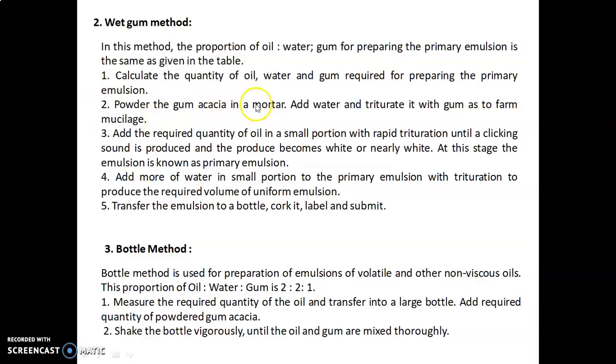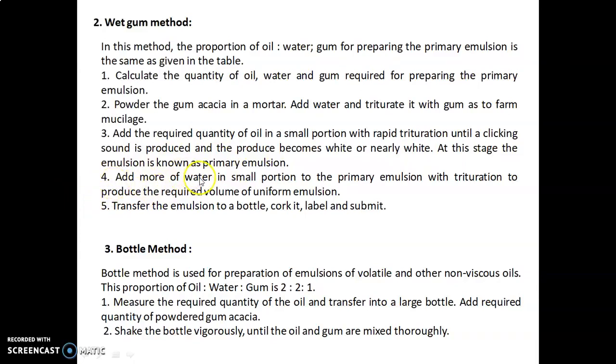Then powder the gum acacia in a mortar, add water and triturate it with the gum so as to form mucilage. Then third, add the required quantity of oil in small portions with rapid trituration until a clicking sound is produced, and it becomes white or nearly white. At this stage, the emulsion is known as the primary emulsion.